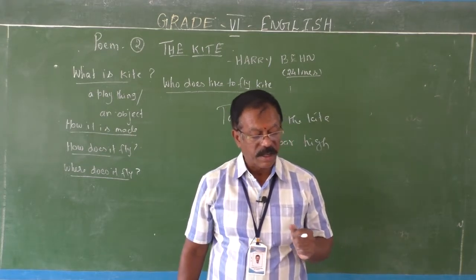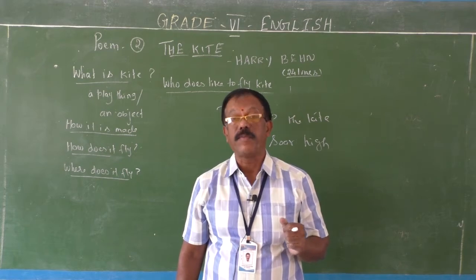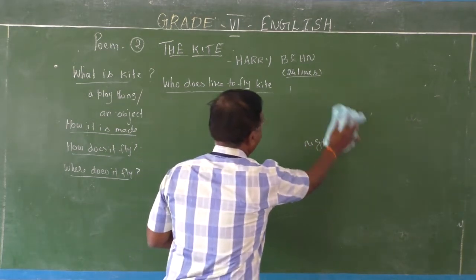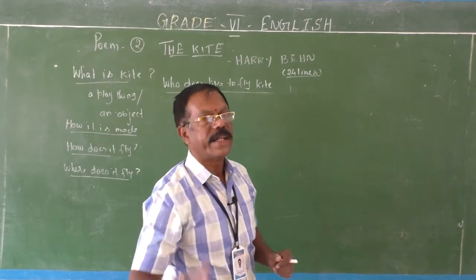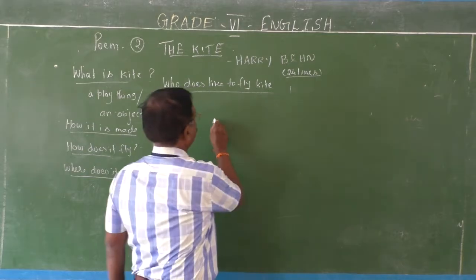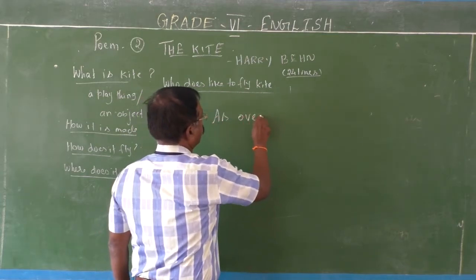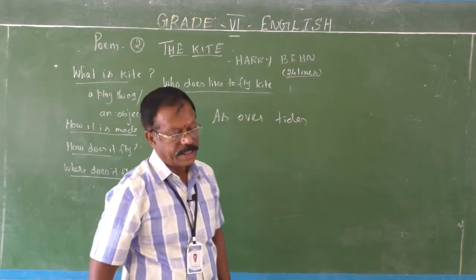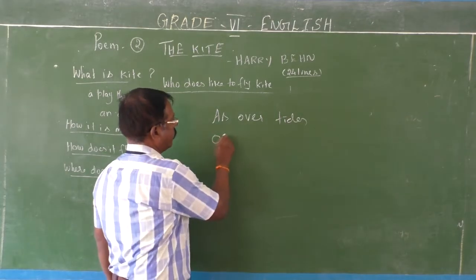As over tides of wind it rides. Here the poet says, I like the lines on the board. See, first stanza explains like this. In the second stanza, as over tides of wind it rides.